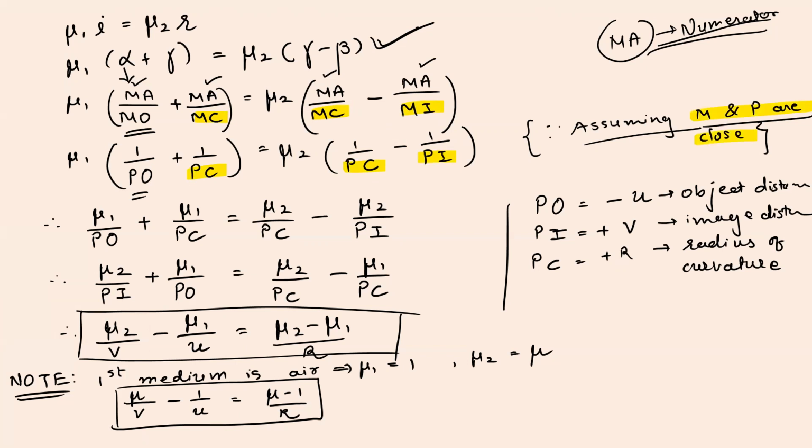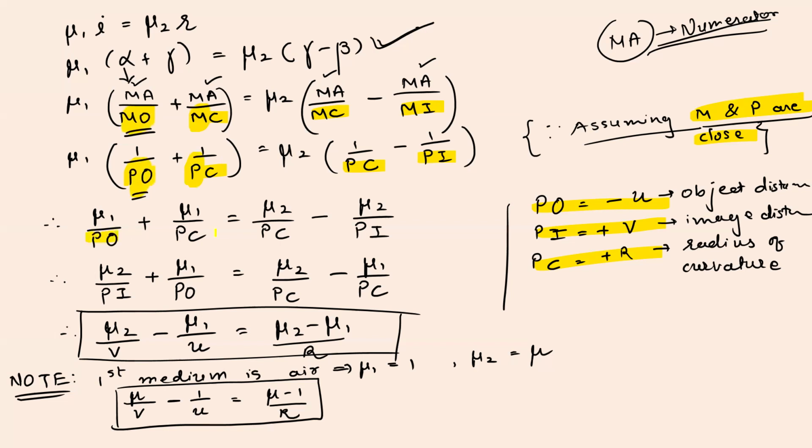Next step, we are going to put distances. PO is object distance, PI is image distance, PC is radius of curvature. I can put these if I have distances from the pole, not from some point M. That is why M and P are very close, and we converted all the distances from M to P. All the distances we took from P now.